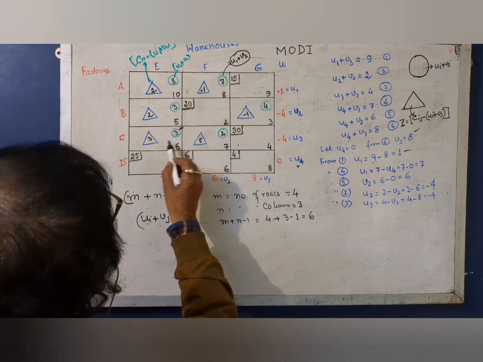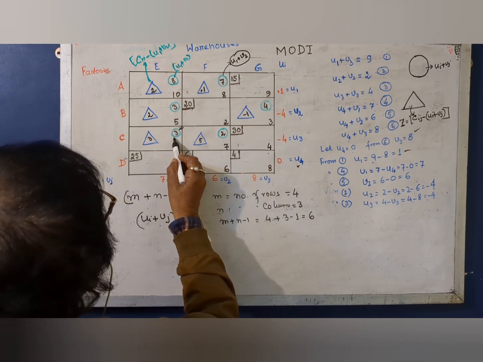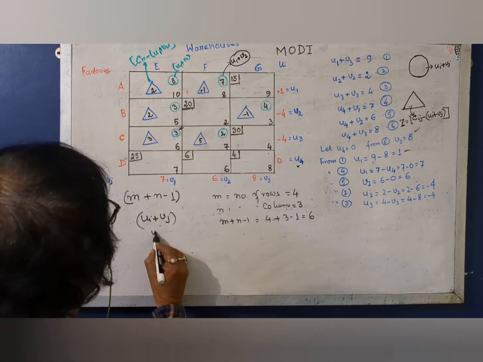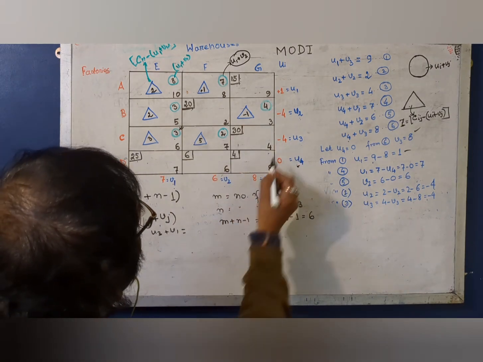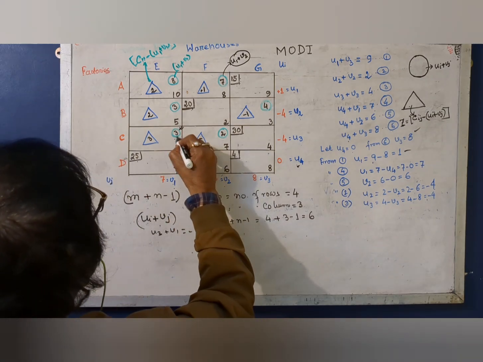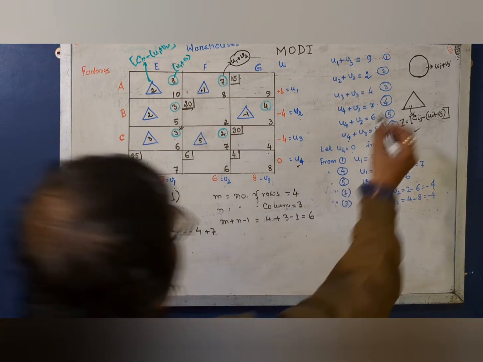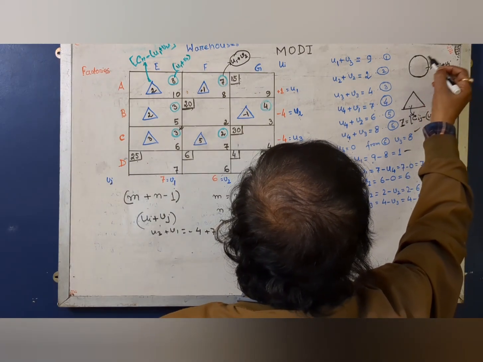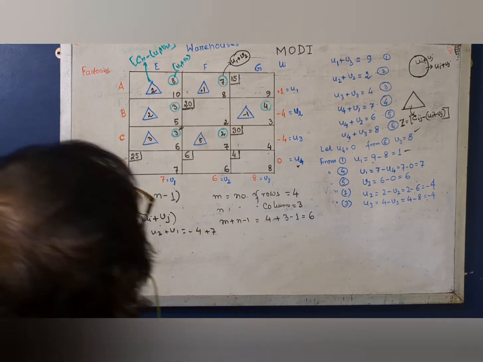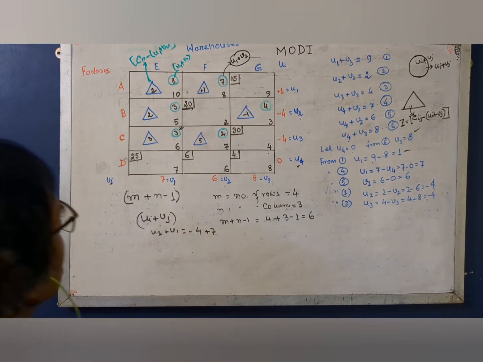This is row 3, that is u3 plus v1, u3 is minus 4 and v1 is 7, that is plus 3. That's why 7 is written. That means in all circles you note the value of ui plus vj. Okay, circles are written on the non-basic cells.